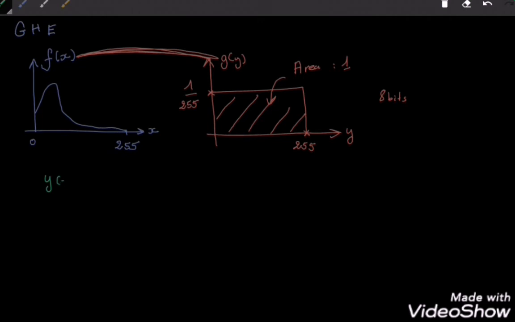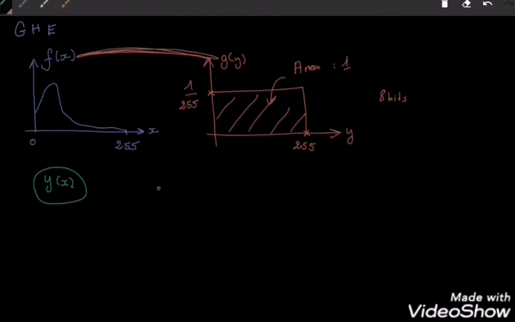A relation between y and x. This is actually what we are looking for. So in order to find this relation, we look for the relation between f of x and g of y, such that f of x is the PDF of the first image, the original image, the bad contrast image, and g of y is the PDF of the enhanced image.